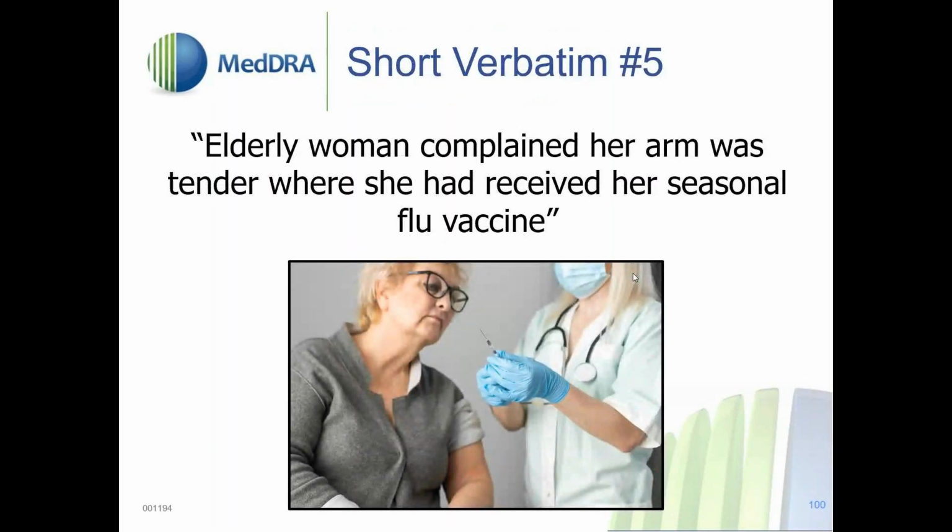And the last one, I'm sorry for exceeding our time today, but it's really hard to calculate because of the questions that we get. So here, elderly woman complained her arm was tender where she had received her seasonal flu vaccine.